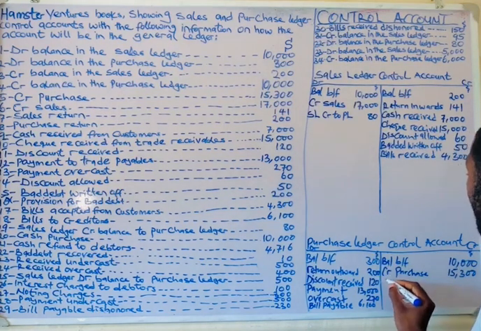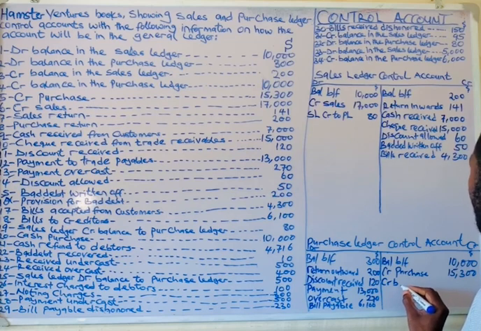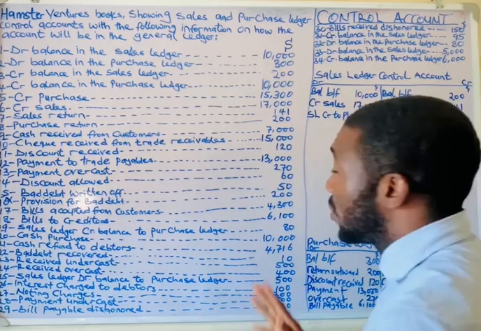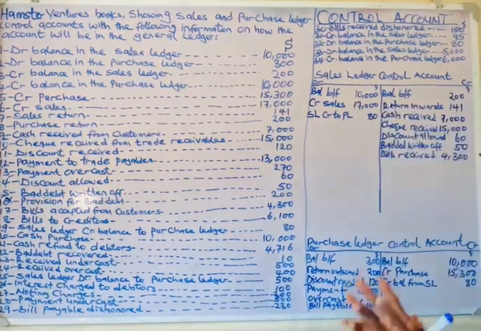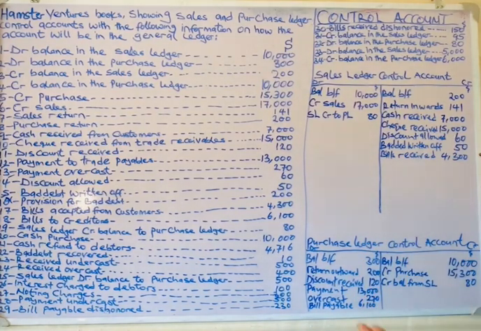You say credit balance from sales ledger, and it is $80. So this is the treatment. Go back to my previous videos. I've explained a lot on the format of sales and purchase ledger, and we're just playing with the entries now.